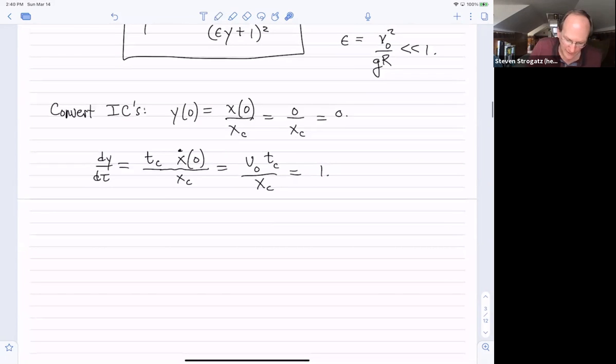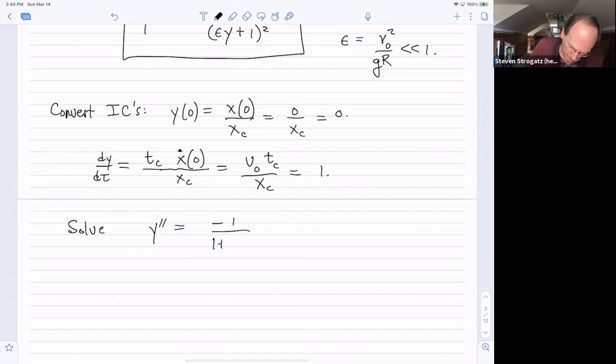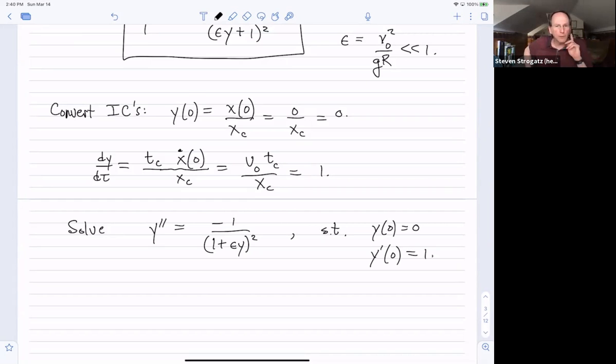So we've boiled everything down to solving this little dynamical system. Y double prime is minus 1 over the quantity 1 plus epsilon y, all squared, subject to the initial conditions. Y of 0 is 0, and y prime of 0 is 1. That's our new version of the question.